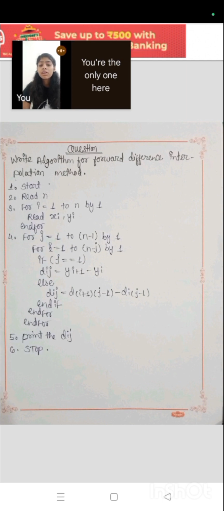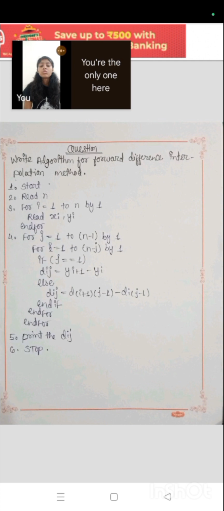Dij is equal to yi plus 1 minus yi, else dij is equal to di plus 1, j minus 1, minus di, j minus 1.